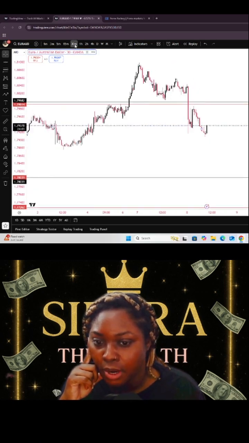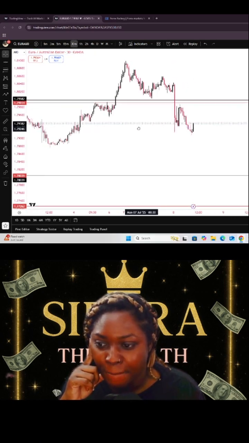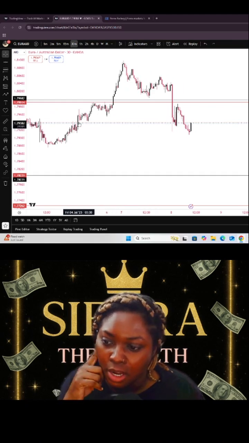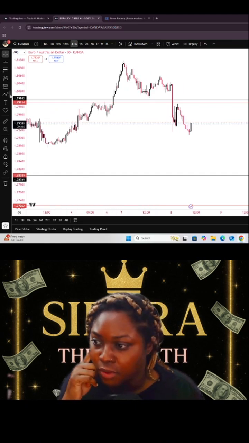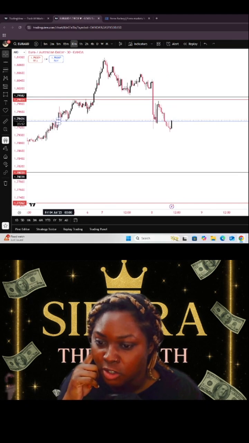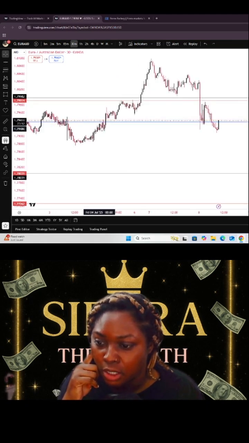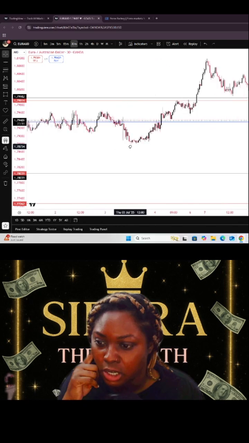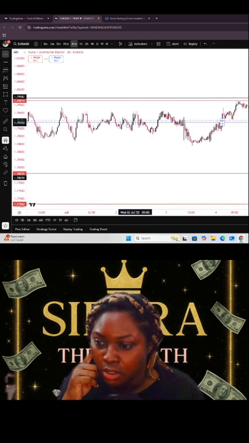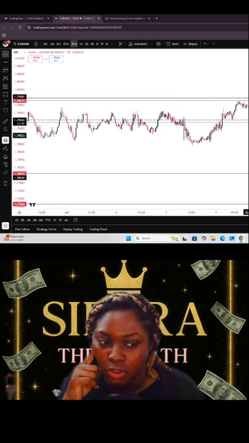So let's come down to our 30-minute. I don't really see any other. I see a gap here. I see an inversion here. We had an inversion here, which is what caused this rejection right here. If we look to the left, we had a little bit of rejection here, a little bit here, and then some hesitation along this line.